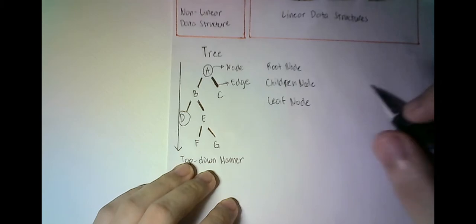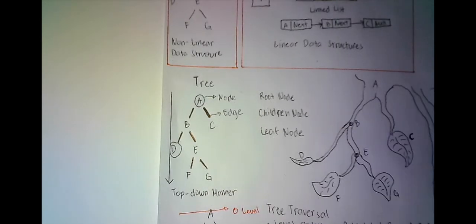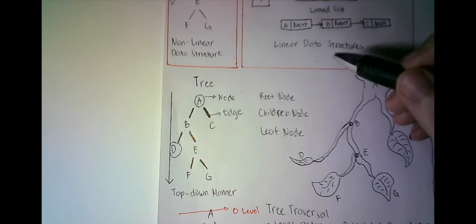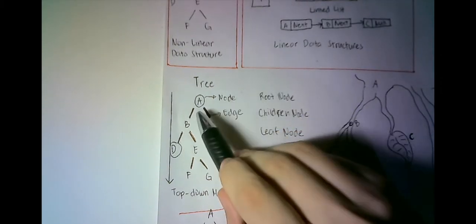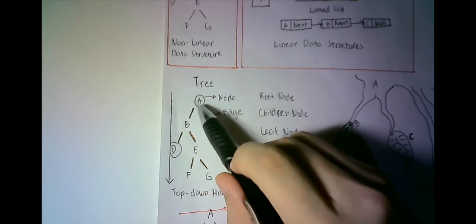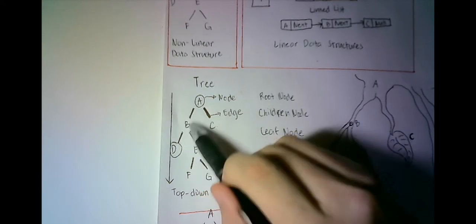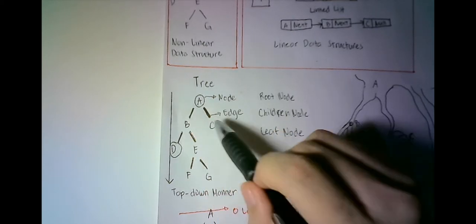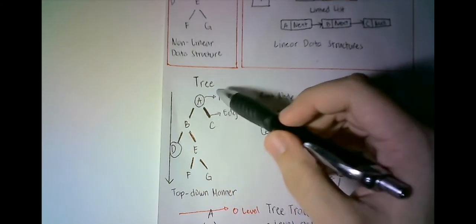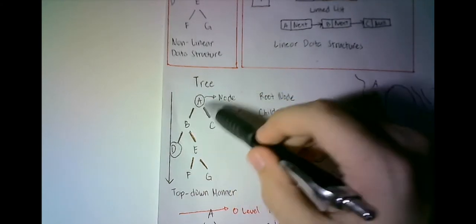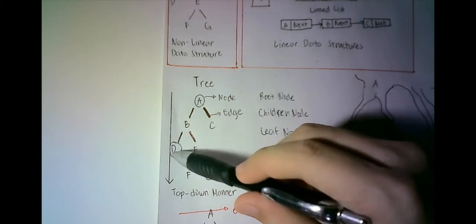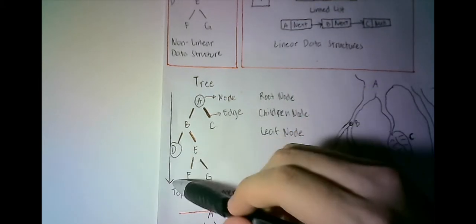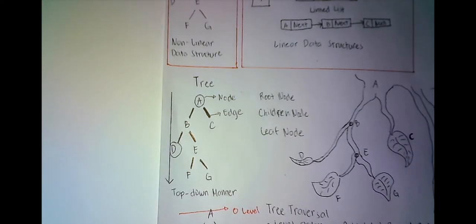So that's why we call it a leaf node. We already know that node A right here is the root node, and if it has descendant nodes connected to it, we call it the parent node. The nodes connected to the parent node are called children nodes. And if a node doesn't have any children, you can call it a leaf node.